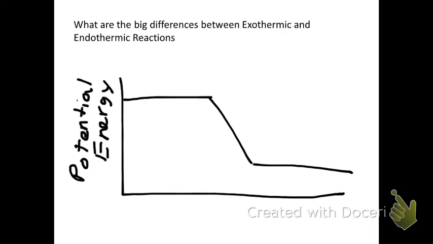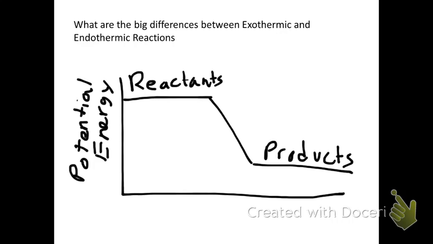It looks like this, okay? So our reactants are going to be up here on our graph, and they're going to be at high potential energy. And our products are going to be at lower potential energy.